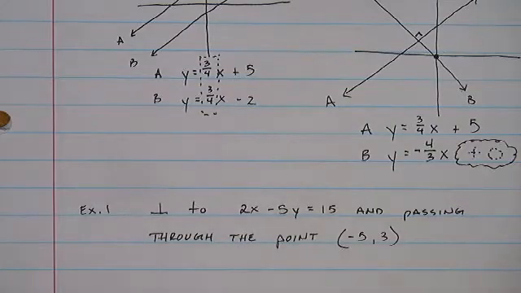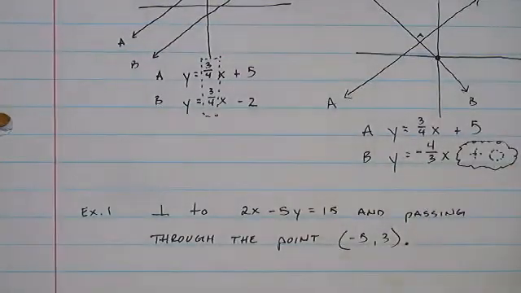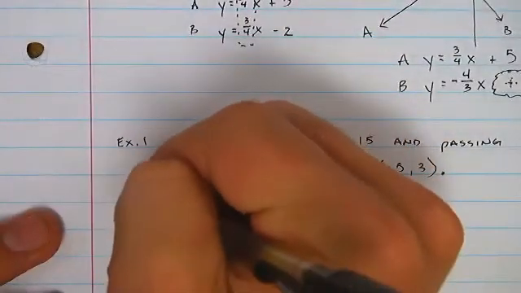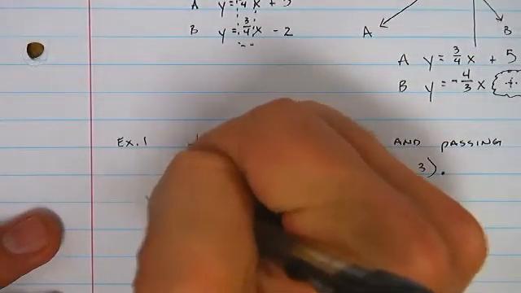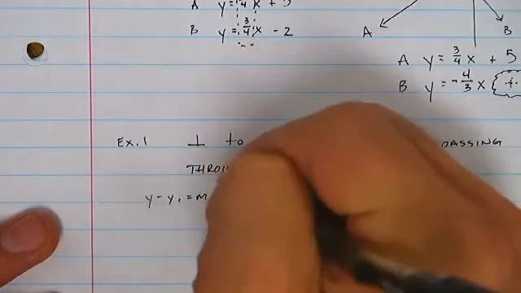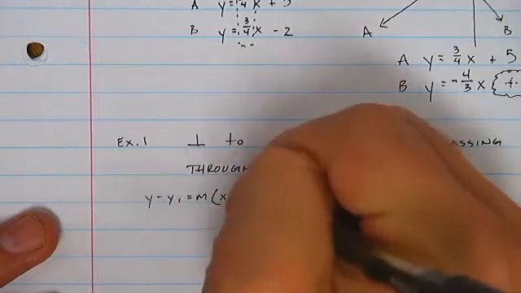point -5, 3. Okay, so we've got a couple of things we need to realize here. One is I don't yet have the slope. So I need to identify that. I know I'm going to be working with point slope, so I know I'm going to be working with this equation because I've got an indication of slope.